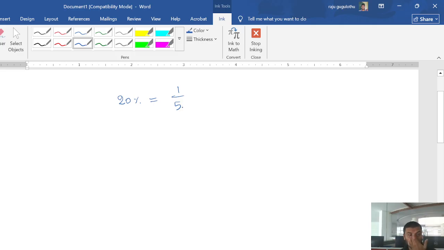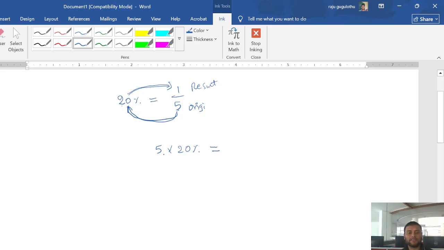Whenever we convert a given percentage into its equivalent fraction, we consider that the denominator is the original number and the numerator is the result, which is, if you apply this 20% operation on the original number, then you are going to have 1 as the result. If you have any doubt, you can check. I am saying that 20 percentage of 5 will be the numerator 1.